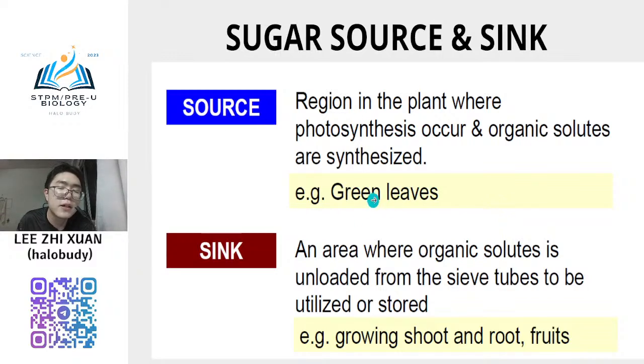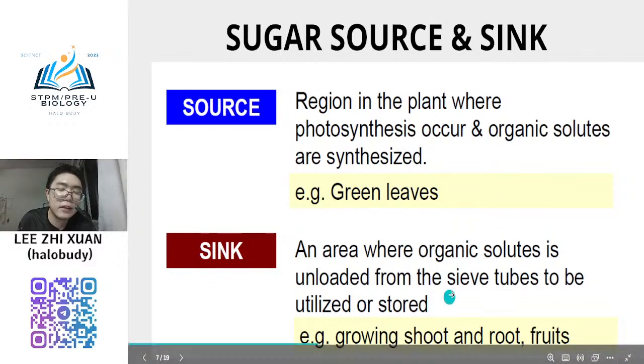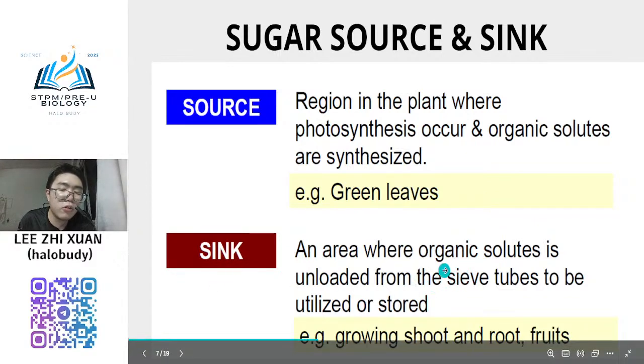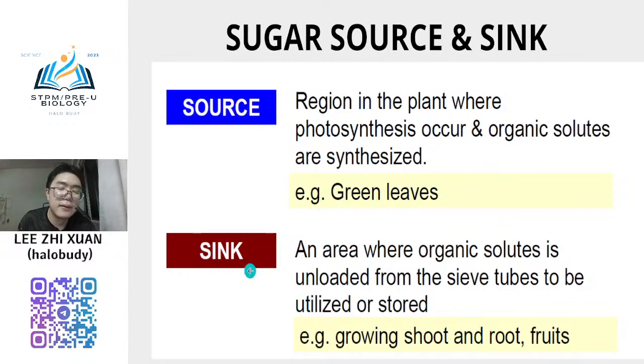The sugar sink is the place where your organic nutrient or organic solute is utilized or stored. Normally it is the whole part of the plant, in the root, in the shoot, or in the fruit. Fruit is also a sink of the plant.